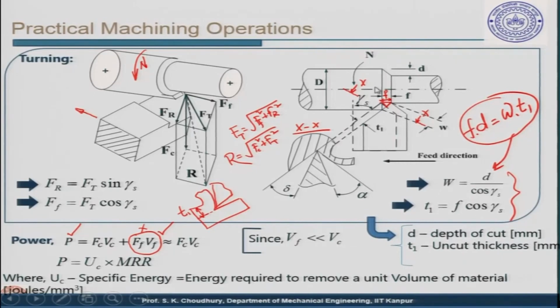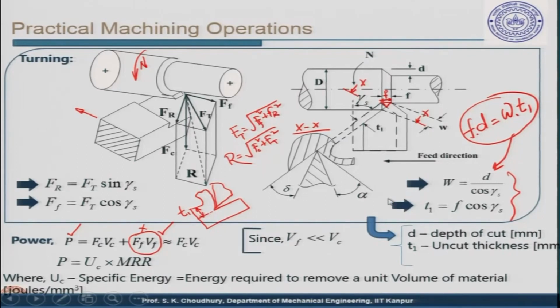The physical parameters are related like this: the width of cut is depth of cut divided by cos of gamma s, the side cutting edge angle, and T1 is related to the feed as the feed into cos of the side cutting edge angle.